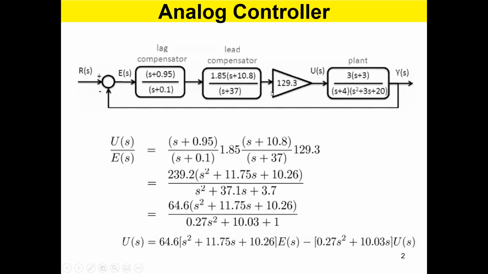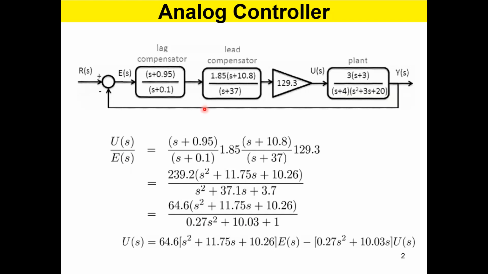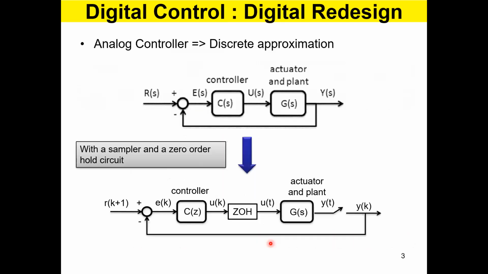So here is the controller again, the controller equation, and finally the controller structure. Now all we need to do is replace the analog controller with a discrete approximation.